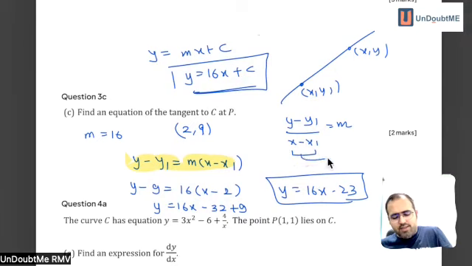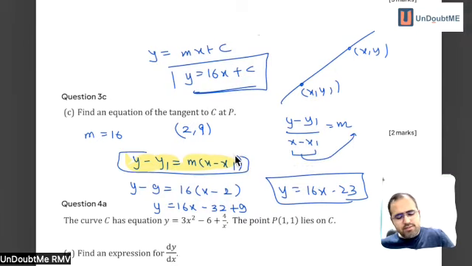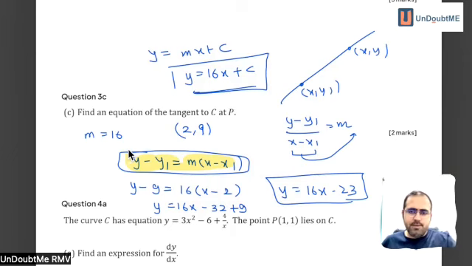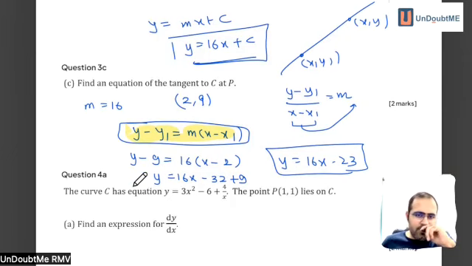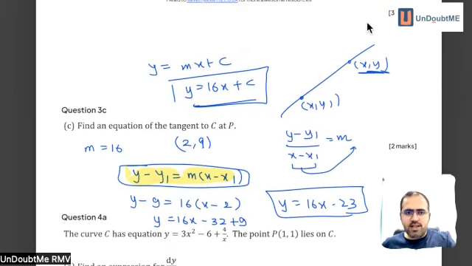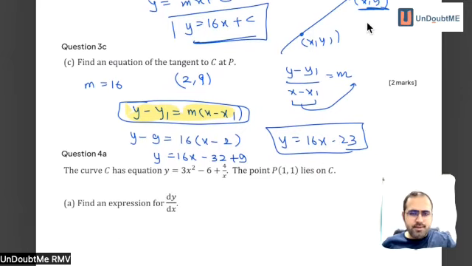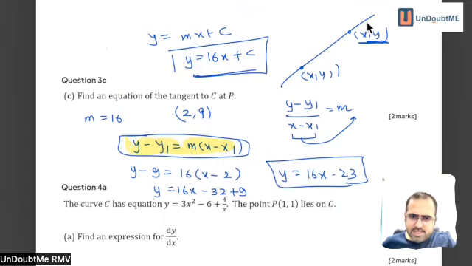If you send this x minus x1 to the other side, you will get this. It's nothing new. It's just the gradient only. The only difference is x and y is a variable point. That is the only way to create an equation. We should have some variable. Okay, I hope everyone is getting 16x minus 23.